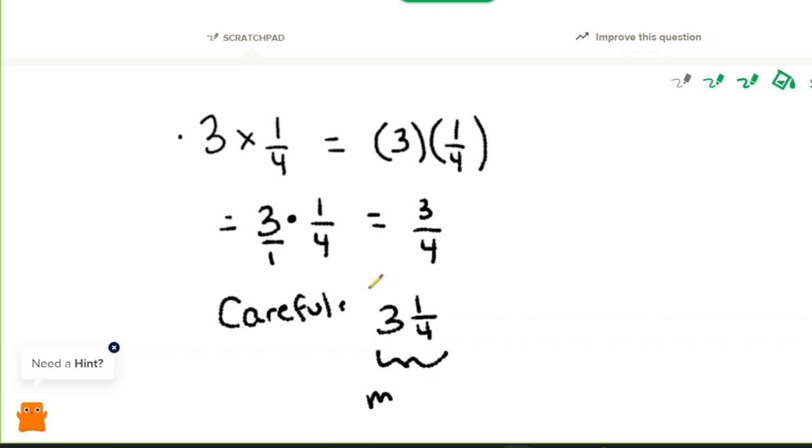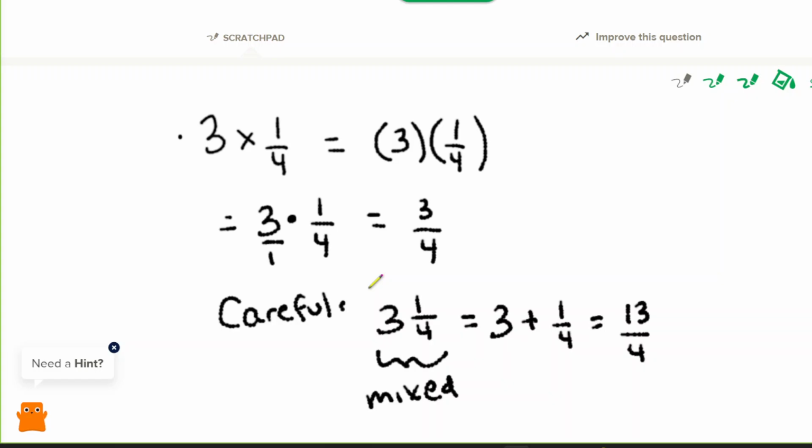This is a mixed number where you have a whole number and then a fraction touching it with no symbols, no parentheses, no multiplication symbols. This means addition. This means 3 plus 1/4. When you add, you get a common denominator. This would be multiplied by 4/4. This would be 12/4 plus 1/4. This would end up being 13/4. All right, 3 and 1/4, not 3/4.